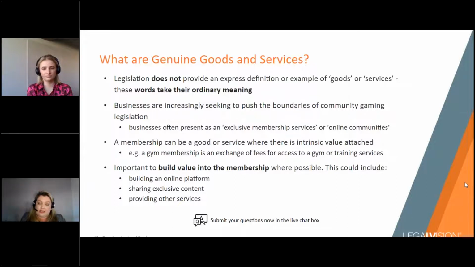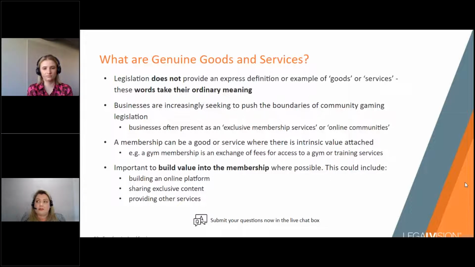This doesn't fit neatly within the regulatory framework because it's really difficult to assess a market value of the benefits of those discounts. However, we would suggest that perhaps discounts in isolation may not be sufficient to be considered a good or services.